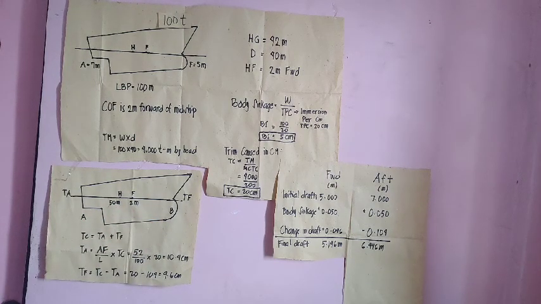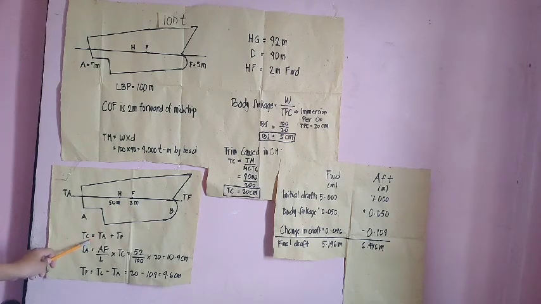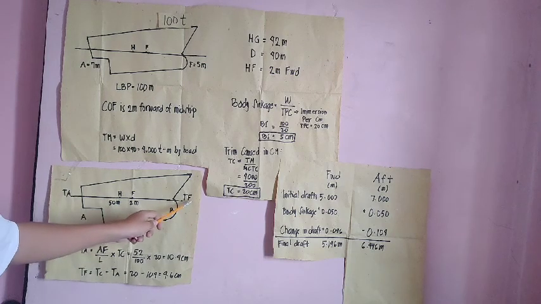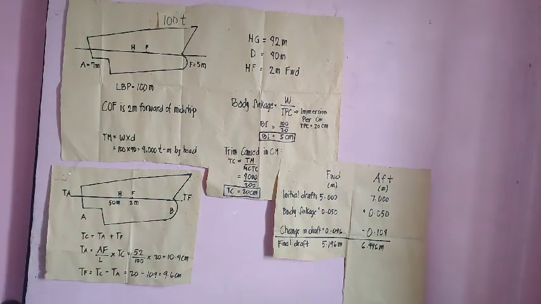So to get the TC, our trimming moment, it is equal to change in aft draft plus change in forward draft. The formula of our change in aft draft is equal to AF divided by L times TC.